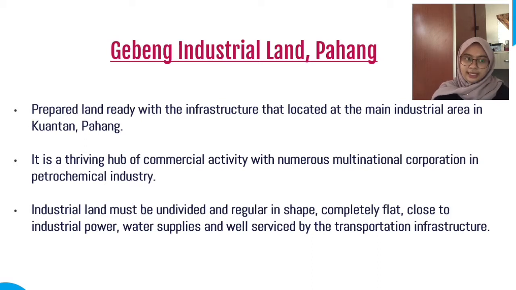Generally, industrial land must be undivided and regular in shape, completely flat, close to industrial power and water supplies, as well as serviced by transportation infrastructure. Therefore, it is really important for us to achieve all these characteristics in order to propose a site for our petrochemical plant.